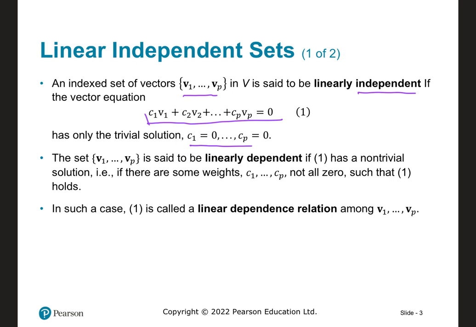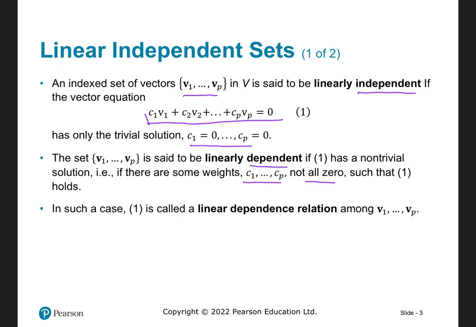Otherwise, in other words, if you can generate the 0 vector using these vectors with some C1 up to Cp, not all 0, which means some of them may be 0 valued, but at least one of those p coefficients is not 0, in that case, we say the vectors are linearly dependent.